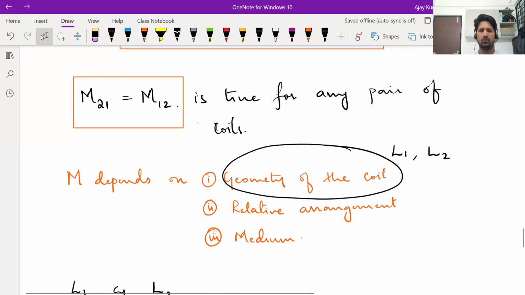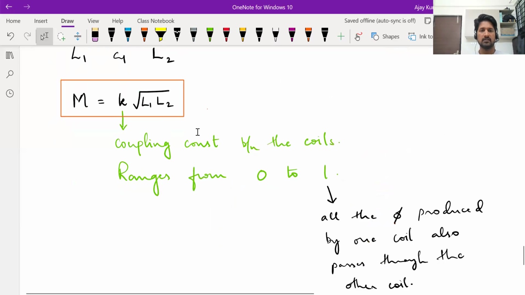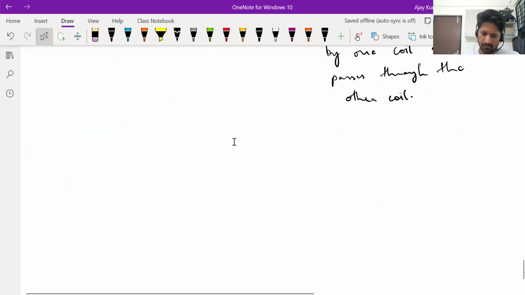If you are given two coils or loops and you are asked to find the mutual inductance between them, it doesn't matter in which one you consider the current and in which one you calculate the flux. The ratio will be the same. Mathematically, whichever is easy, you will prefer that. And then we discussed the relation between mutual inductance and self-inductance of two coils. M is K root L1 L2, K is called the coupling constant.